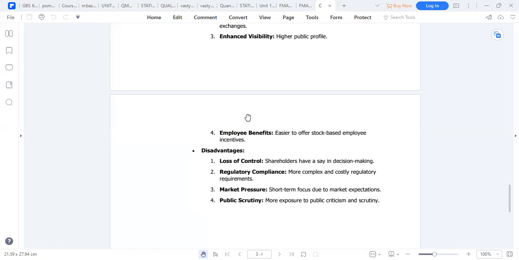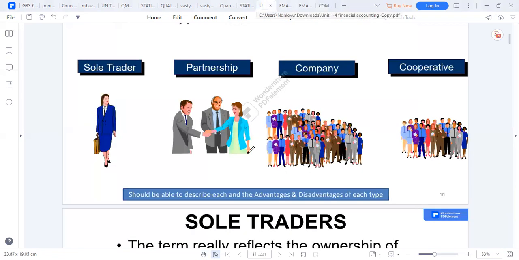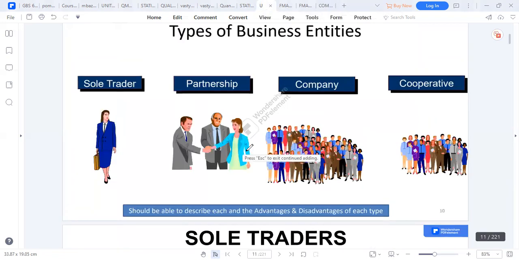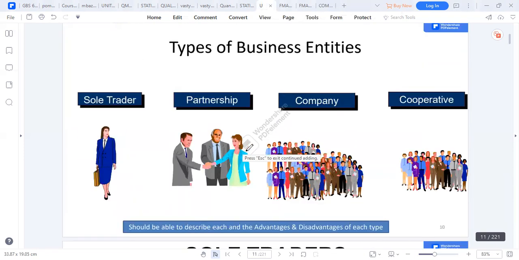So these are the companies that you need to know in our first part. These are important to understand at least as basic information. Any questions at this point so far?